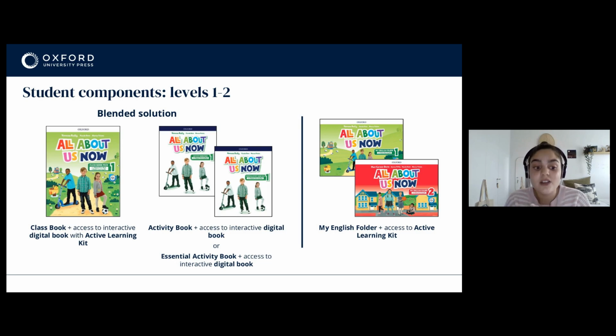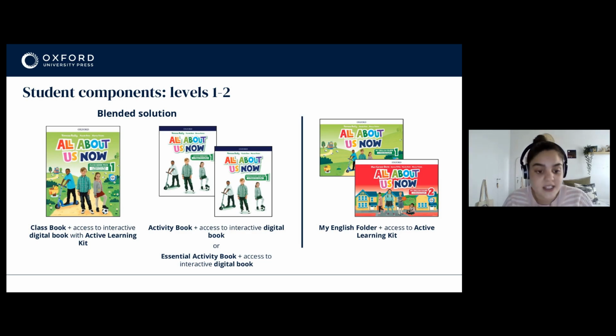For teachers who prefer a communicative approach without a class book, we have the option of My English Folder, this on the right. It offers a set of active learning resources for a flexible approach. It follows the lesson structure of All About Us Now, but has fewer literacy lessons and mostly a communicative focus.